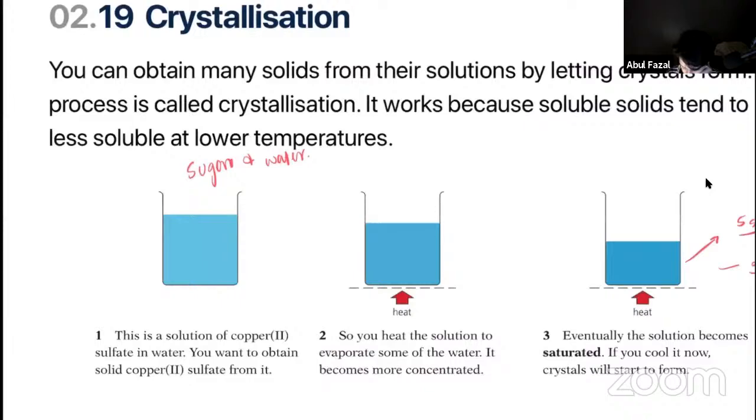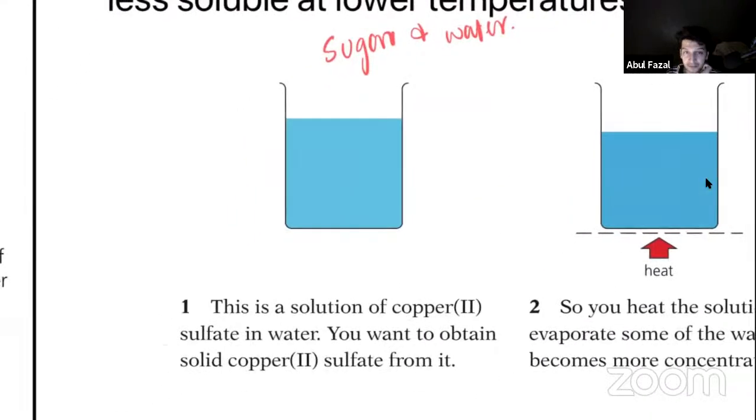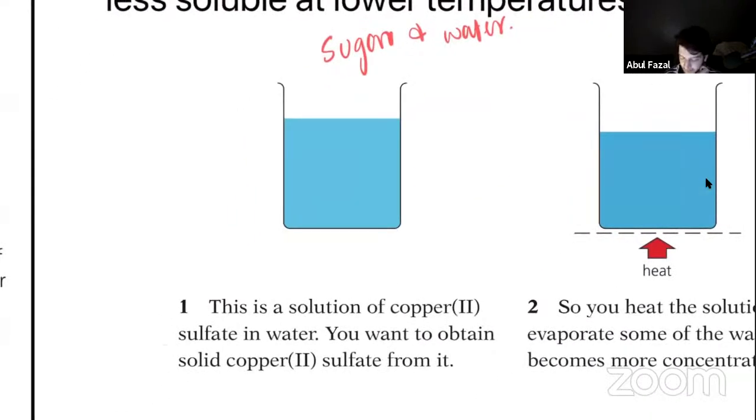All right. So over here, you had a solution of copper sulfate. It was blue in color. What you did was you heated the water, or allowed it to evaporate until the water decreased. Remember, there's only a certain amount of something that can dissolve in water. Once the water goes away, less and less of the substance can stay dissolved.